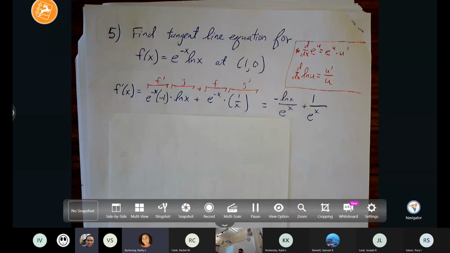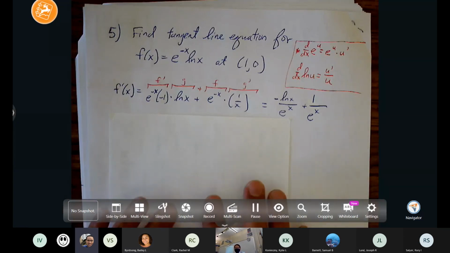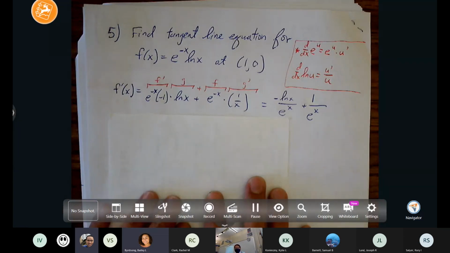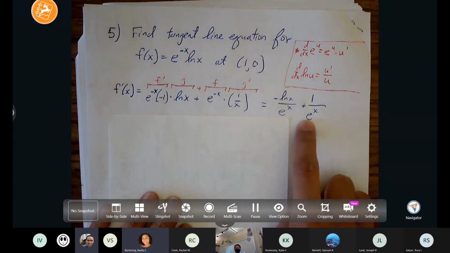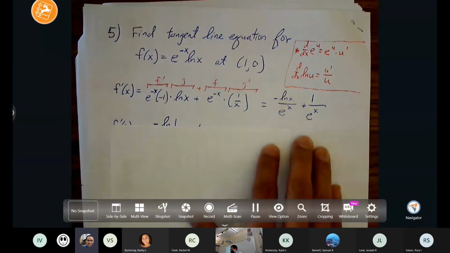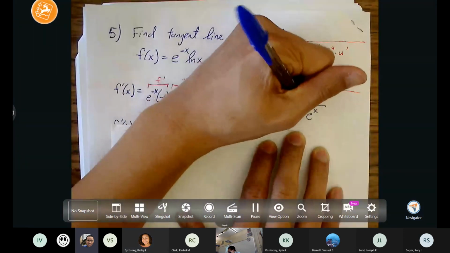Question? Yes. So for the f and g prime, how did the x go away? Oh, wait, yeah. I lost the x, didn't I? I was rushing creating this worksheet here.